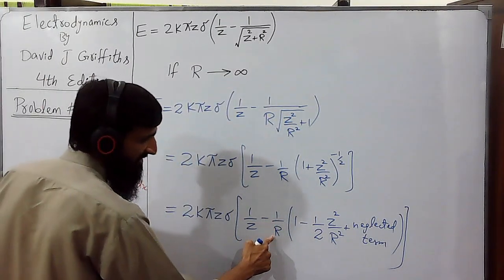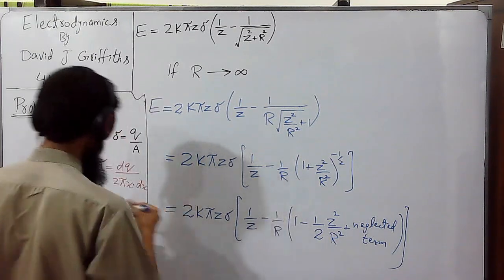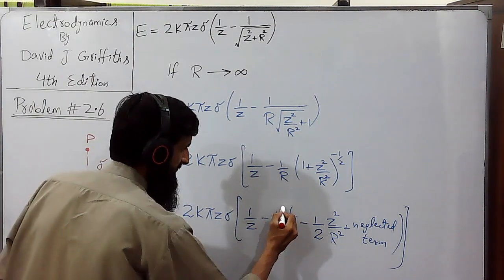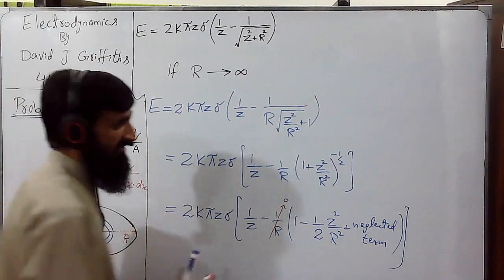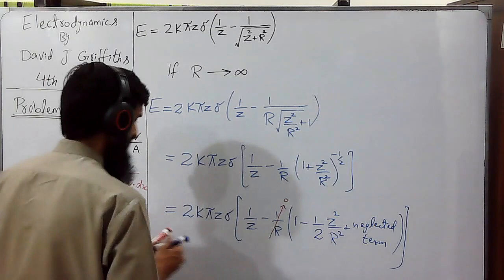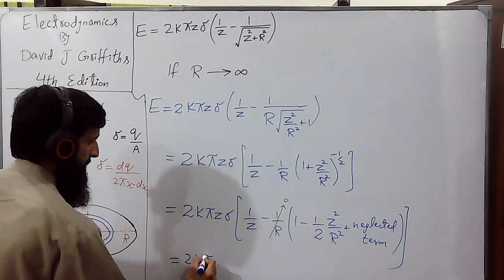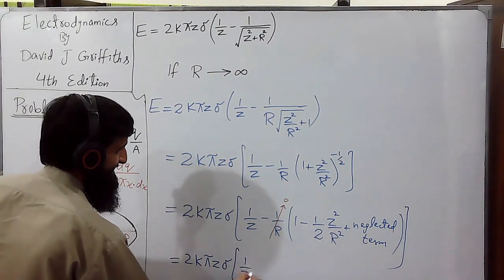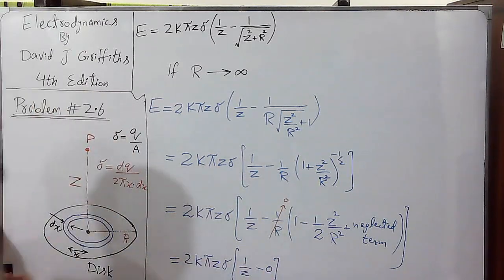So if I put here r infinity, this term will be 0. Then when 0 is divided by this bracket, that bracket will also be removed, and we are left with only 2k pi z sigma 1 by z, and all those terms have been removed, so minus 0.